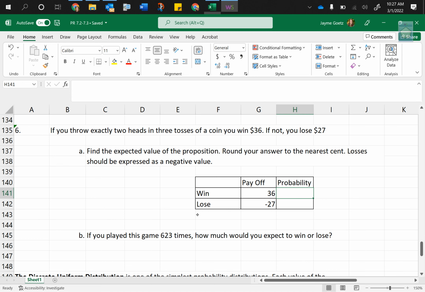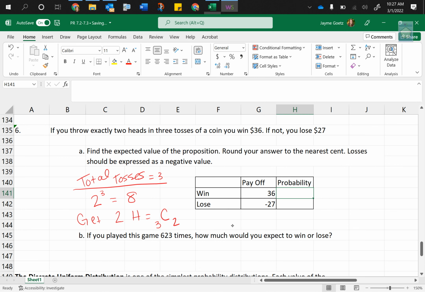And if you win, how many heads do you have to toss? Okay, so we want to get 2 heads. So that is going to be 3 choose 2. Combination 3 choose 2. What do you get for combination 3 choose 2? 3.